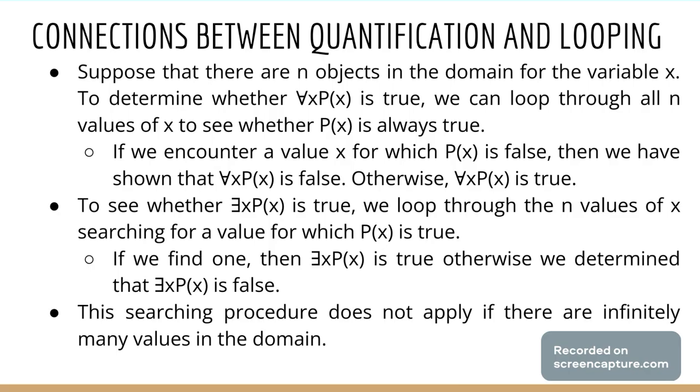Otherwise, the statement there exists x, p of x will be false. Now remember, loops have to end. It cannot be an indefinite loop. So the domain should be finite if we use looping to check for all x and there exists x.